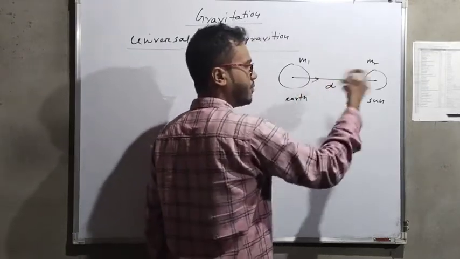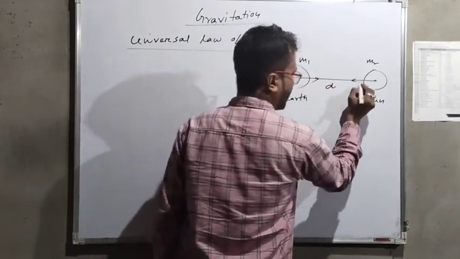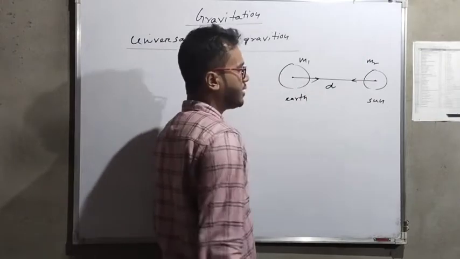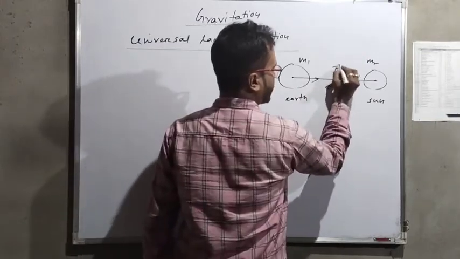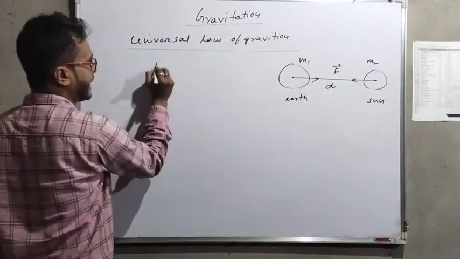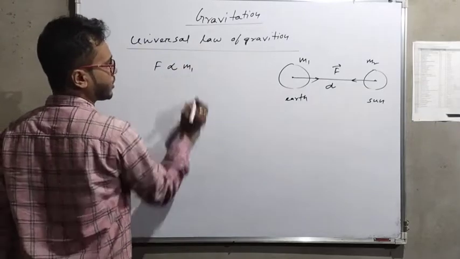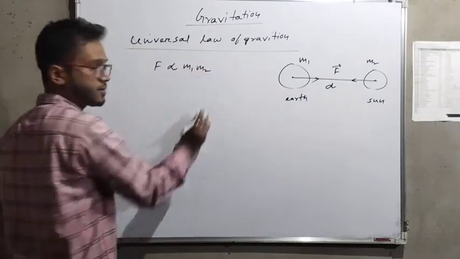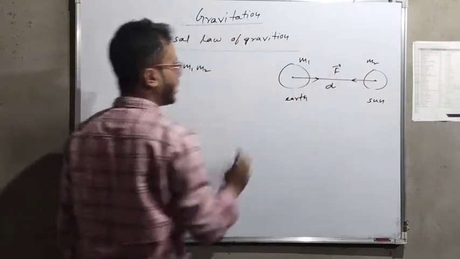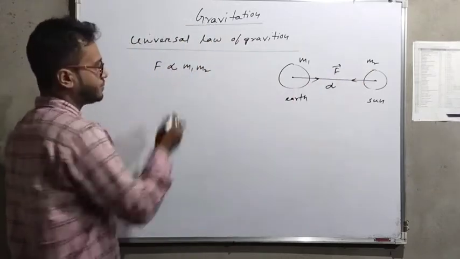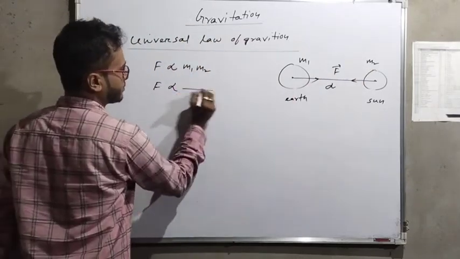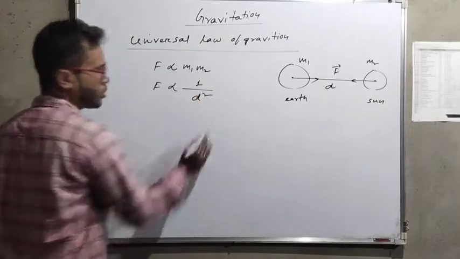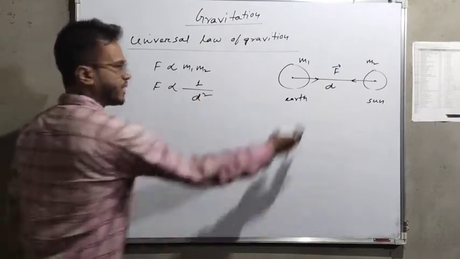The Earth is attracted by a force from the Sun, and the Sun also attracts our Earth. So this force is directly proportional to the product of their masses, m1 and m2, and inversely proportional to the square of the distance between them. This is the distance.